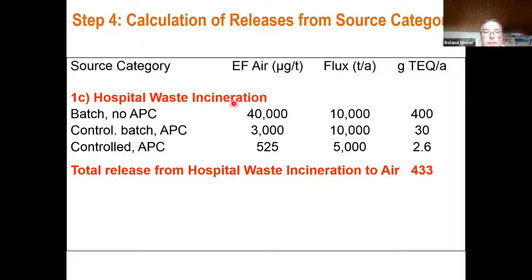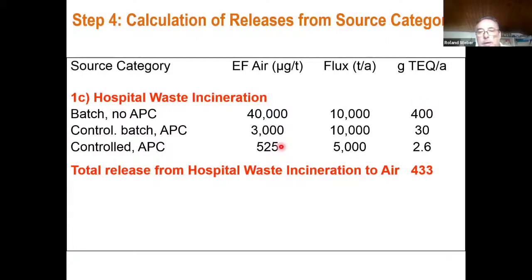For example, you would find that some of your hospital waste incinerators are really bad. This means an emission factor of the lowest class. And then you will find how much tons is incinerated. We take 10,000, that's probably too high for Oman. This would then be multiplied with the emission factor, giving 400 gram TEQ per year.